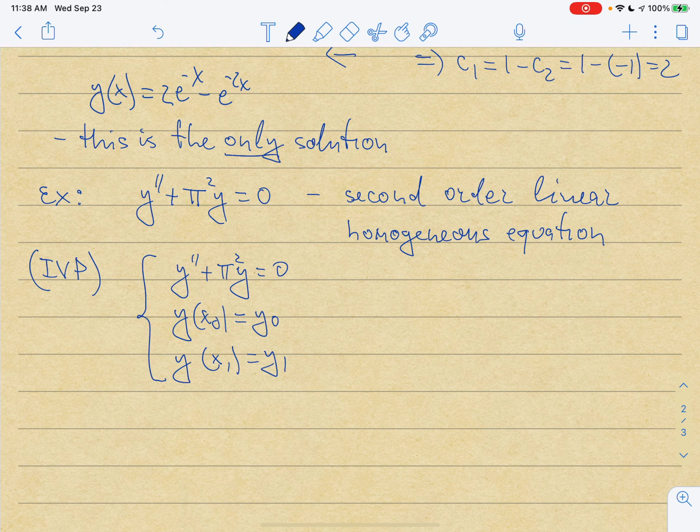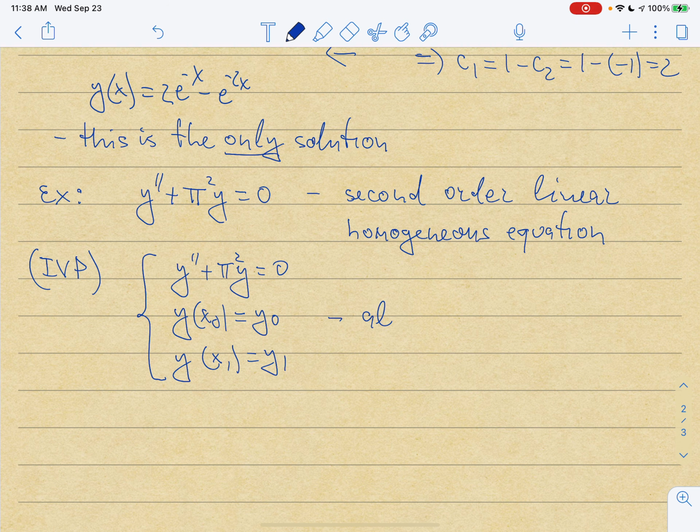If I try to solve the initial value problem like this, it will always have a unique solution.